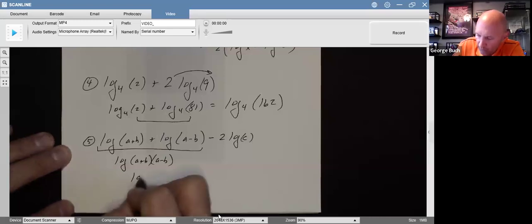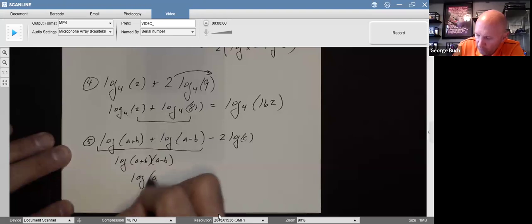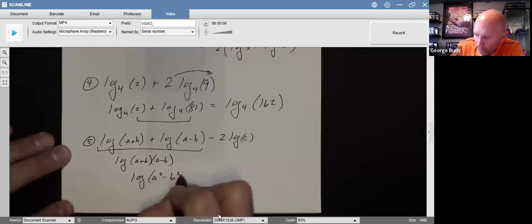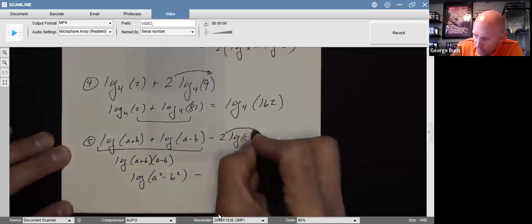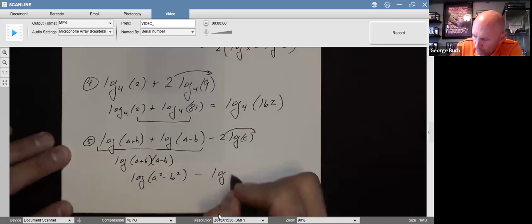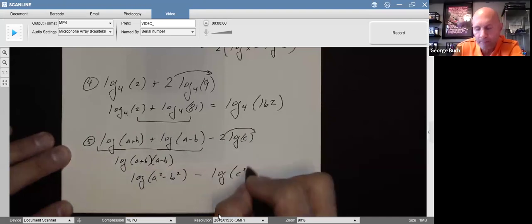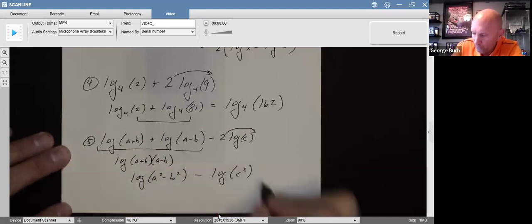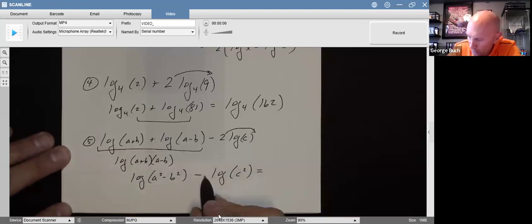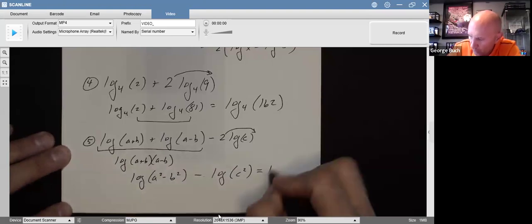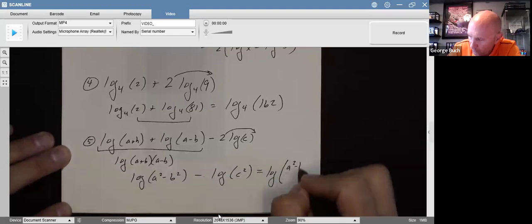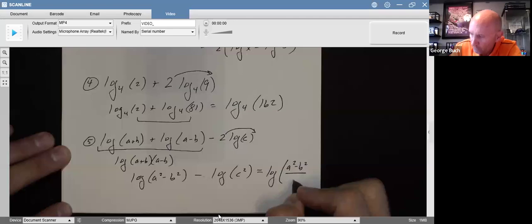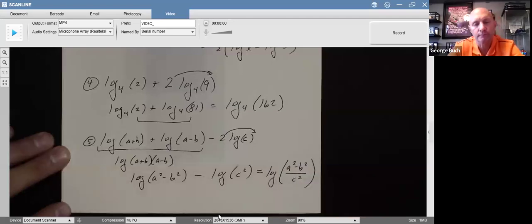Log of a squared minus b squared. And then I have this piece here. If I take the 2 up for my exponent, this is minus log of c squared. And so because it's subtraction, I can do division. So this just becomes what? Log of a squared minus b squared, all divided by c squared.